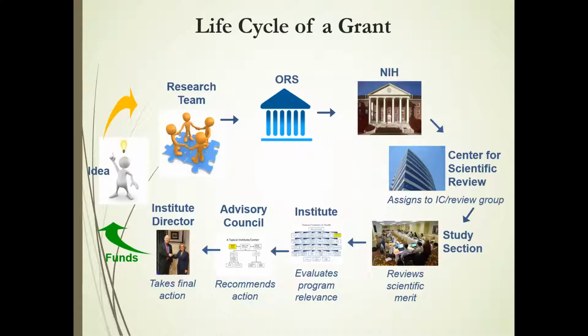So when we're talking about the life cycle of the grant, as it's going into NIH, it goes from you working on it and your research team to ORS, and ORS does the final submission into grants.gov and NIH. Once it's received and starts to be processed there, it goes into the Center for Scientific Review.